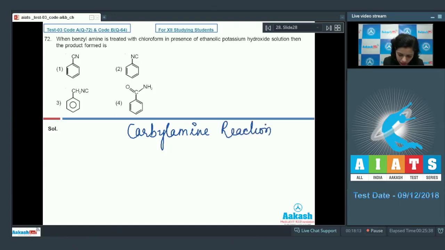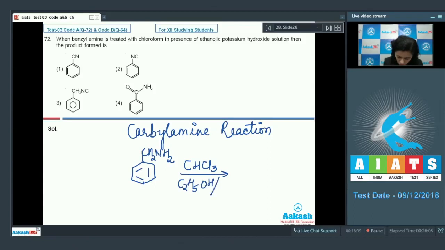Just recall what that was. The reaction in which you are taking benzylamine, and it is treated with chloroform in the presence of ethanolic potassium hydroxide, and then the product formed is isocyanide.